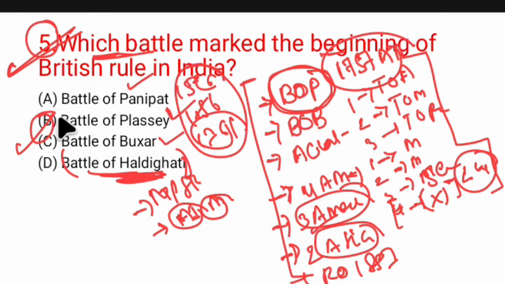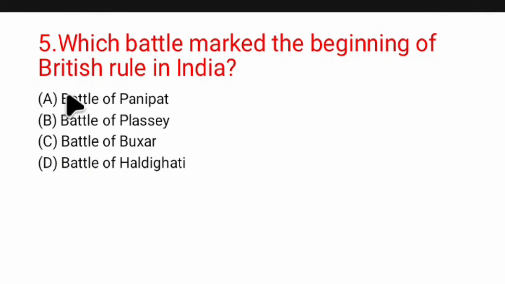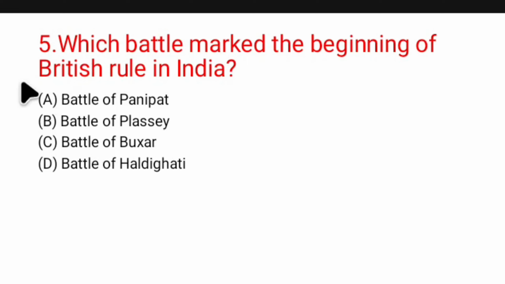So if the question is asking to arrange them on a chronology basis, you can make the answer by marking their years. By marking their years, you can make the chronology of these events.